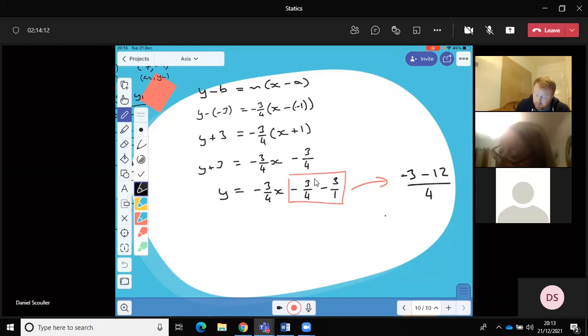And substitute that back in. Okay, and that would be your equation of the straight line.